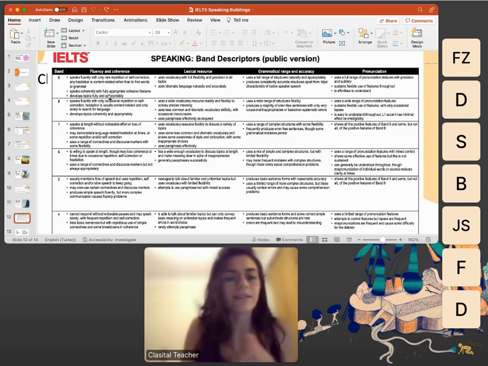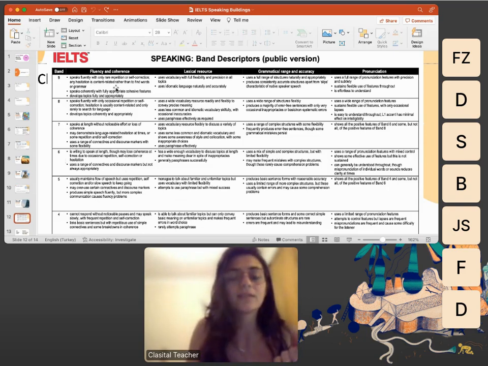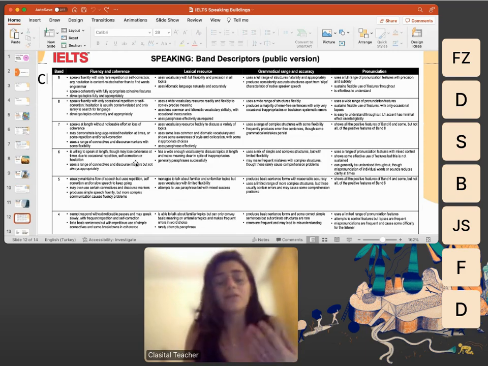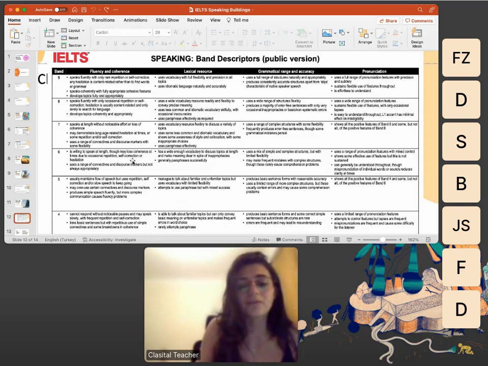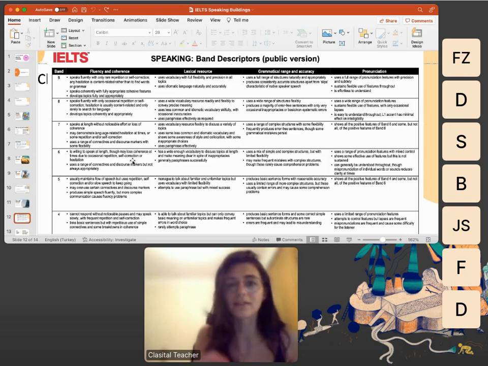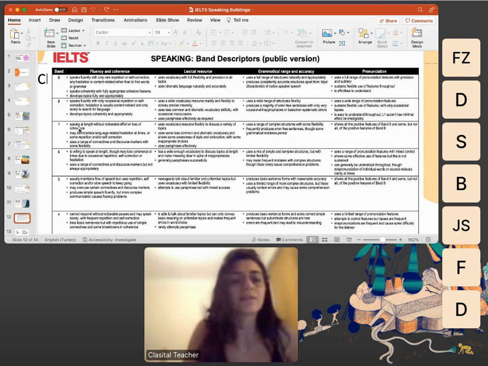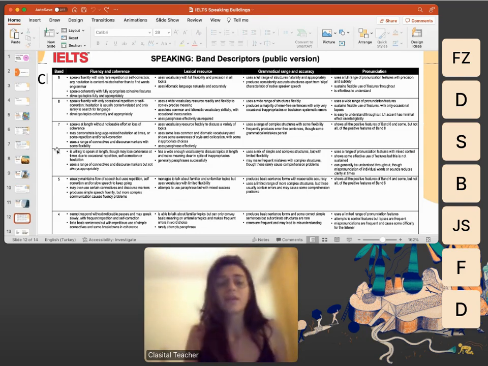To get a band six on fluency and coherence, you need to speak at length, though you may lose coherence at times due to occasional repetition, self-correction, or hesitation, which I think most of you did. For band 7, we need to speak at length without noticeable effort or loss of coherence. That decided your band score overall, the difference between these two.